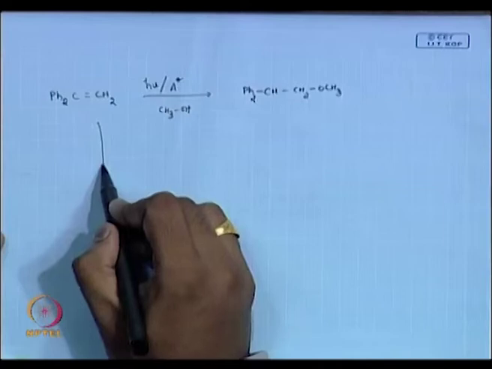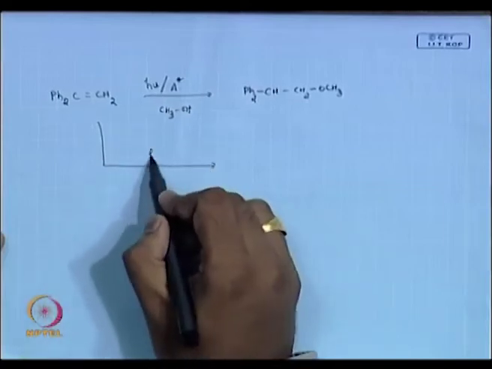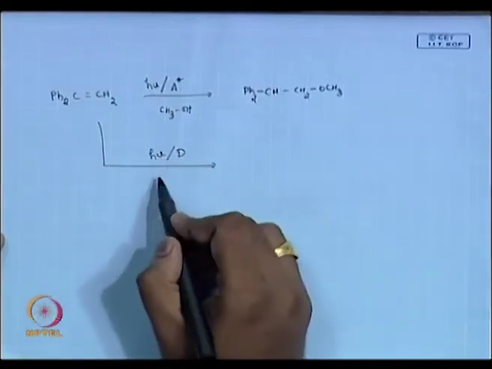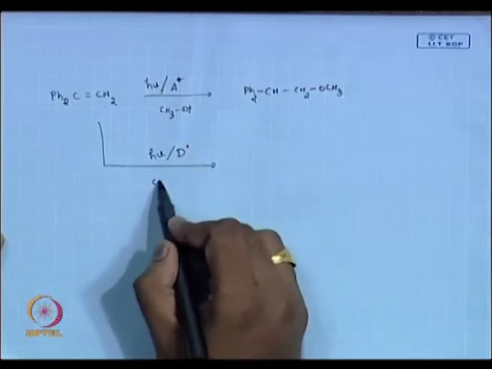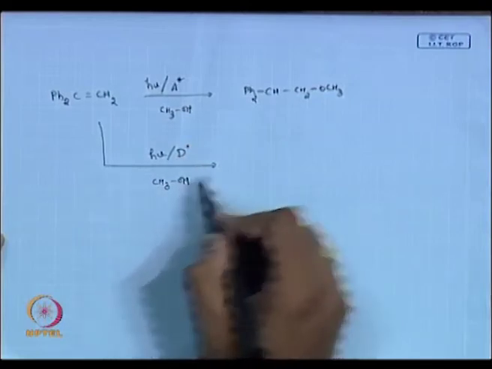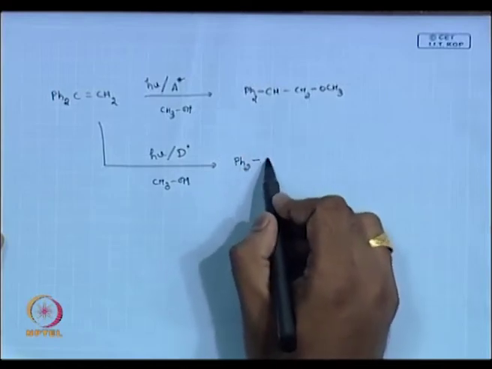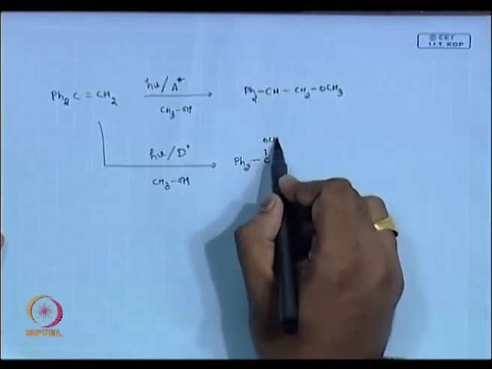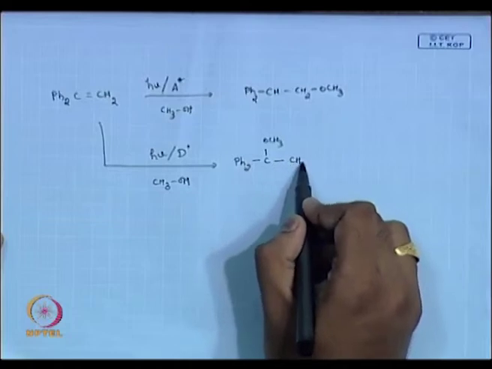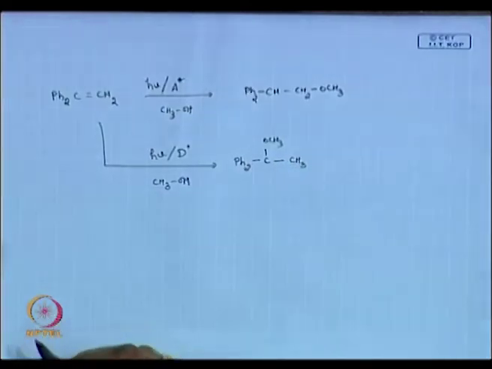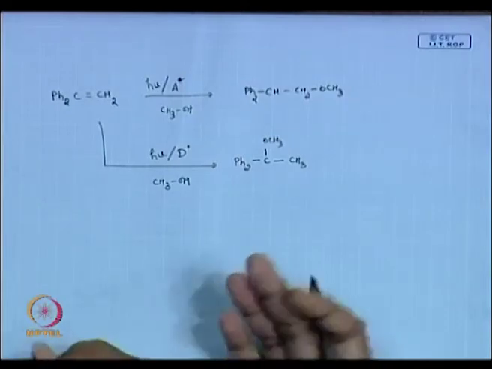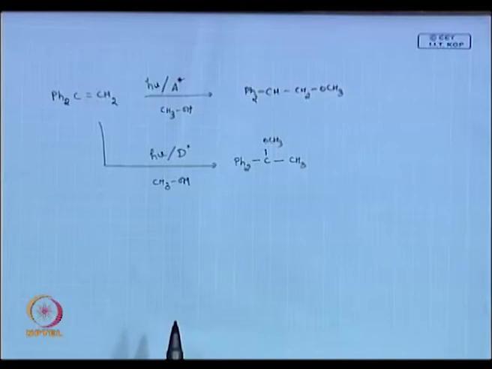But if I do the same photolysis in the presence of a donor, an excited donor, I end up with Markovnikov addition.